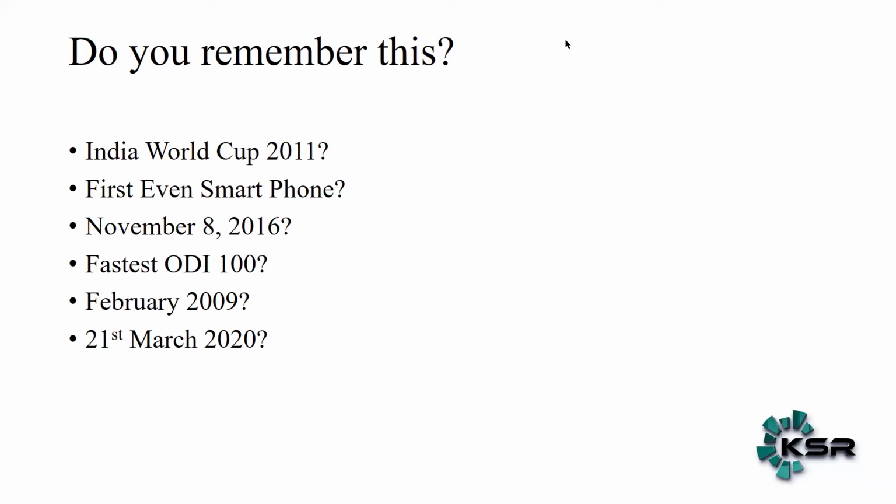Remember that whatever you search, the next second you get the answer. That means on what particular day what happened, someone is actually storing in a place. That is why you are able to get the answer.